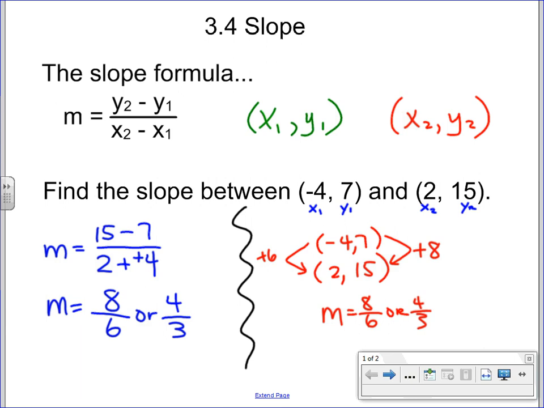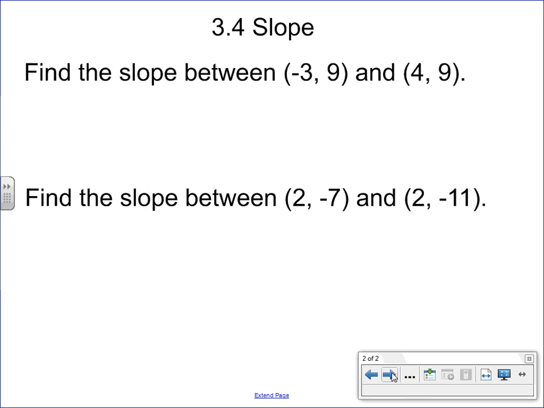All right, I want to show you 2 quick special cases, and then I'll let you get to work on your homework for 3.4. All right, find the slope between -3, 9 and the ordered pair 4, 9. I'm just going to use the slope formula for this one. So my slope is equal to, in the numerator, y2 minus y1, so that's 9 minus 9.